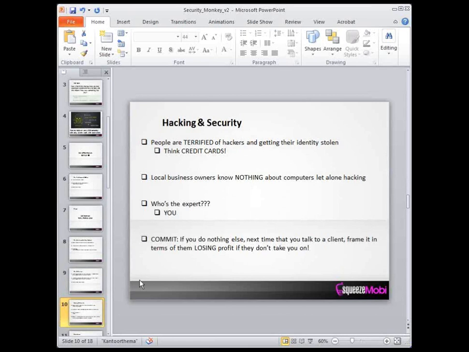They're terrified, especially when you start talking about getting their identity stolen. Think credit cards, financial fraud, financial theft. People have nightmares of, let's say they have $20,000 in the bank account. Suddenly they wake up, they have $0. They didn't do anything. It wasn't their fault. They didn't lose it. Somehow they got defrauded.